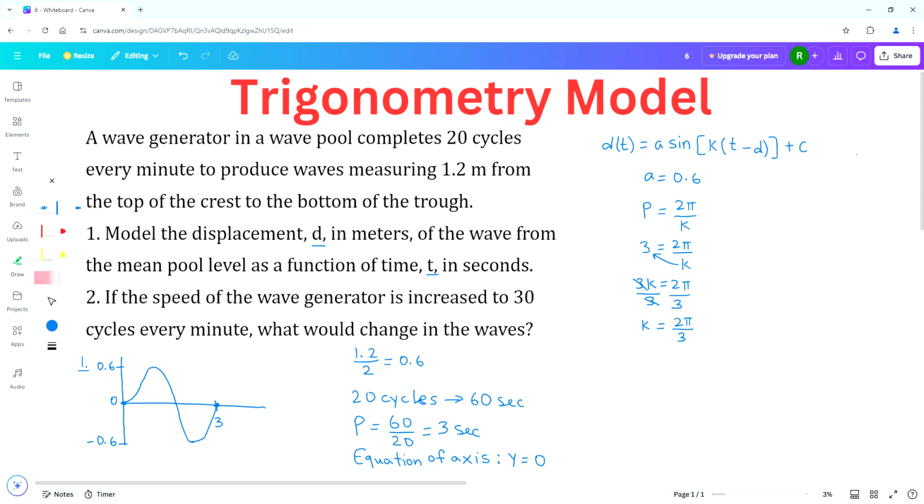Next, we can find the d value. For this model, d value, which also represents phase shift, should be equal to 0 because we are using the sine function for this model. C value is also equal to 0 because the mean pool level is at 0. Now we can sub in these values in the general equation to write the equation of the model.